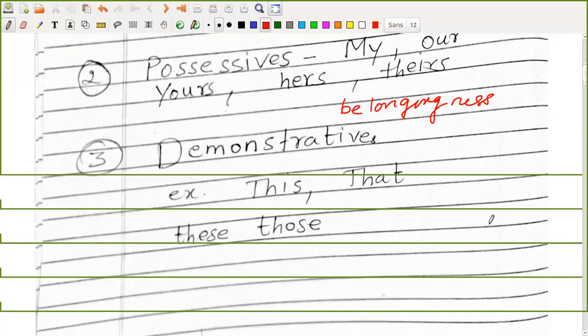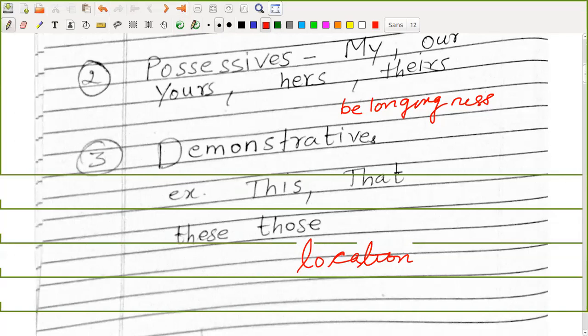Demonstratives means what? Demonstratives are this, that, these, those. They show the location of where the thing is. Demonstratives show location.